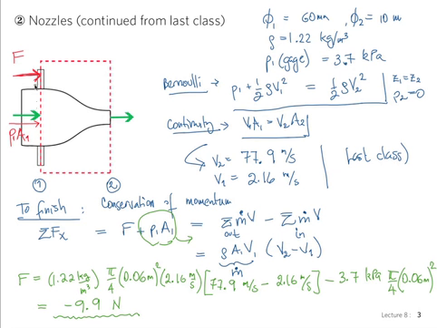So the force on the flanges is in the positive x direction. So the force on the control volume points in the negative x direction, and therefore the force on the flanges points in the positive x direction.